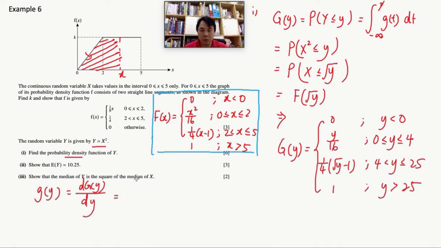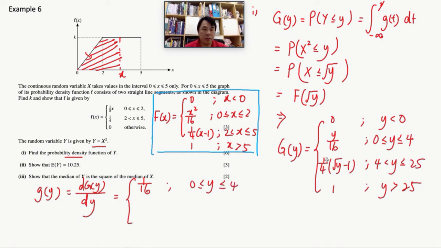That would yield, I'm going to write it down over this side, a differentiation of this. If you differentiate this, it's 1 over 16 for the domain lying between 0 and 4.